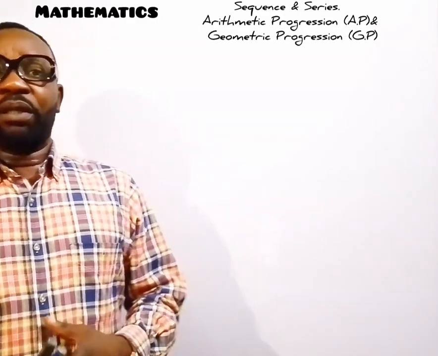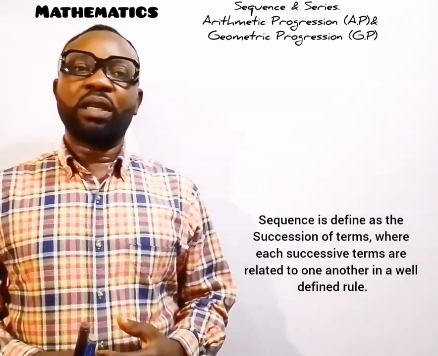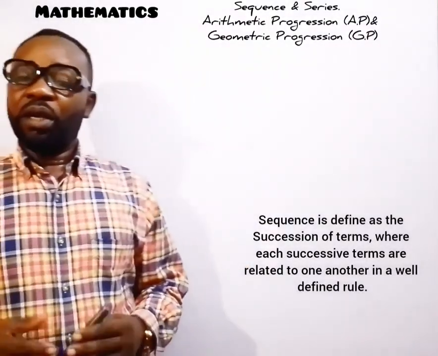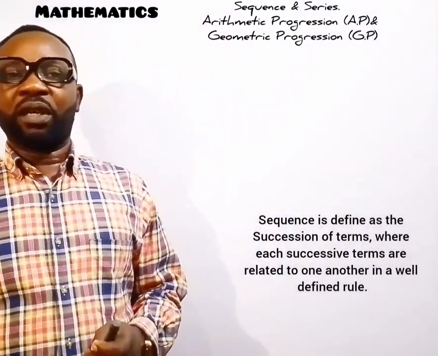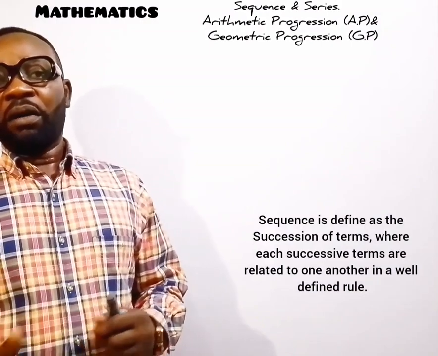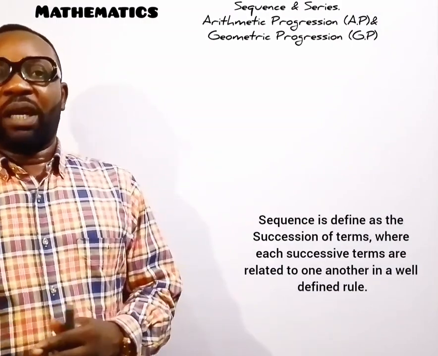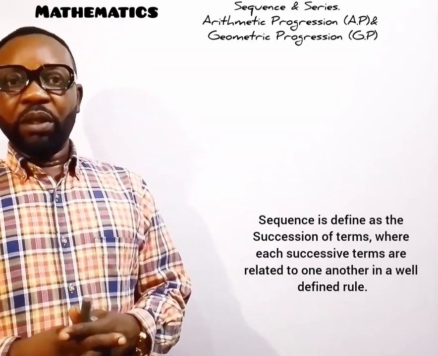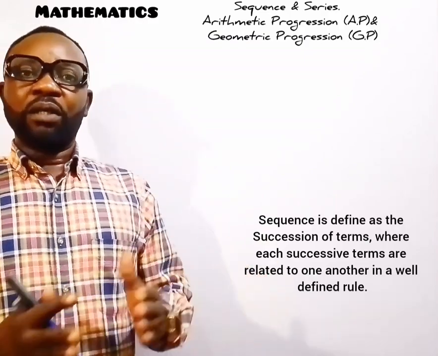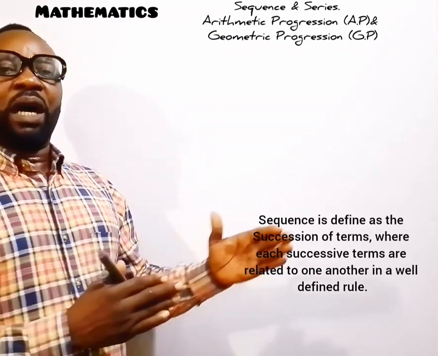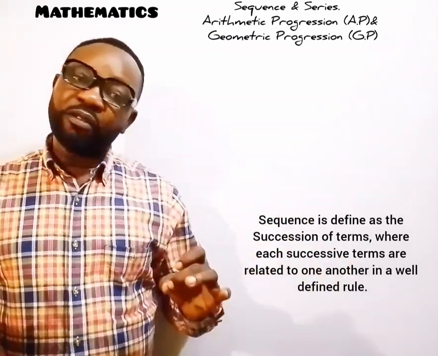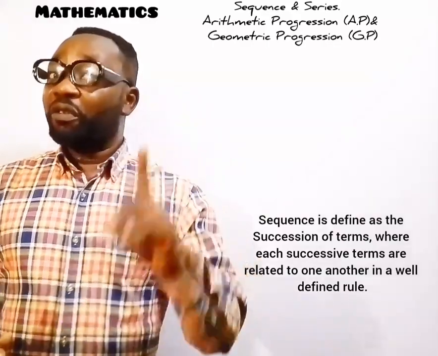What is meant by sequence? Sequence is defined as the succession of terms in which each successive term differs from the one before it by a well-defined rule.